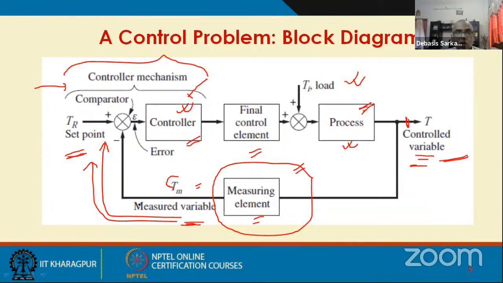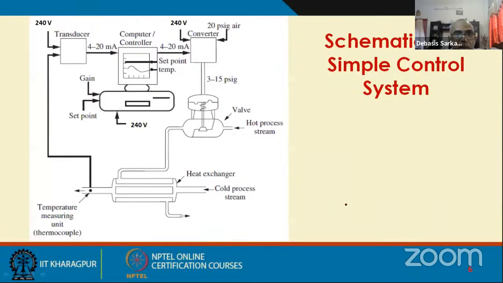So let us now look at a very simple schematic of the units that will be required for this particular control system, which is a simple temperature control system. So this is the process we are interested in, maintaining the temperature of the cold process stream at a desired level.